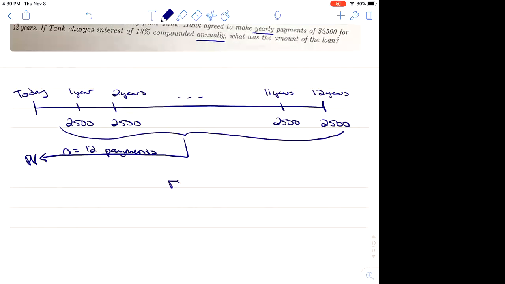We know that R is 0.13, F is 1. I is R over F, even if F is 1.